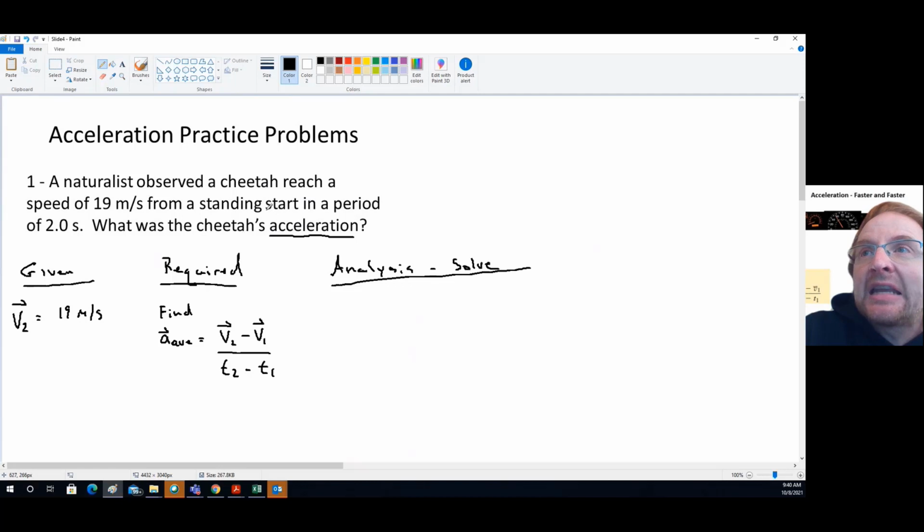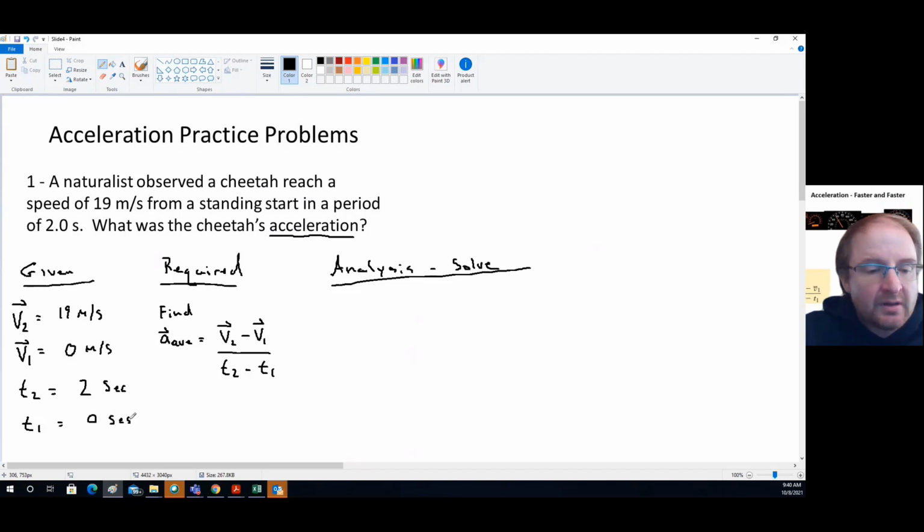From a standing start, we got our first velocity, 0. In a period of 2 seconds. Okay, there we got our second time. Time 2, 2 seconds. That's pretty impressive. Time 1, standing start, 0 seconds.